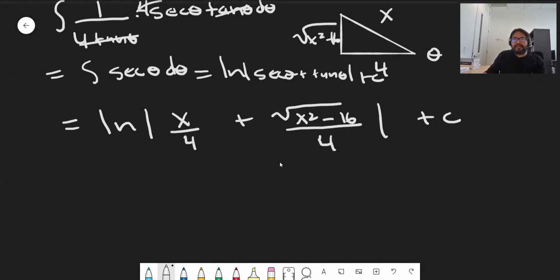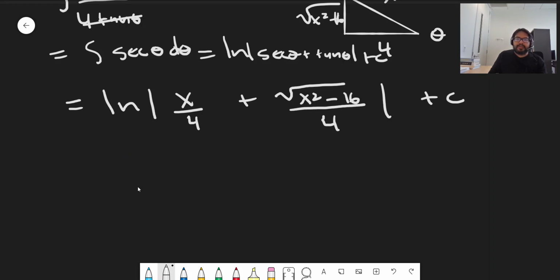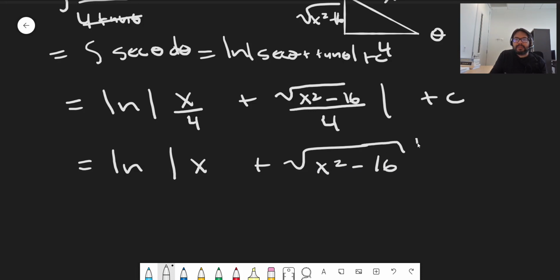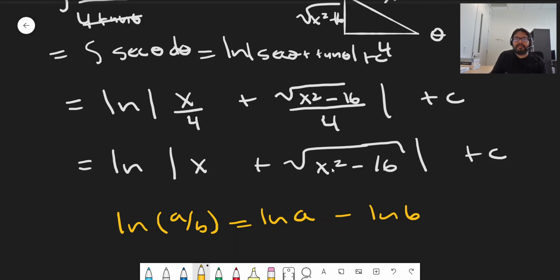Now, technically the answer can be rewritten in another way: the natural log of x plus the square root of x squared minus 16, and then plus c. The question is why? Well, ln of a over b is equal to ln of a minus ln of b, so this denominator, the 4 and the 4 here, means that our last portion is going to say minus ln of 4 plus c.